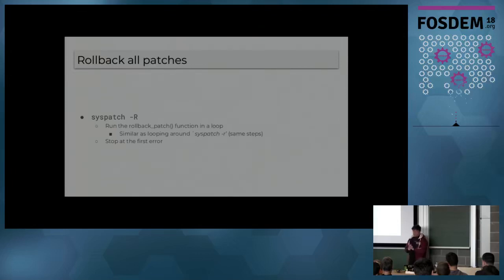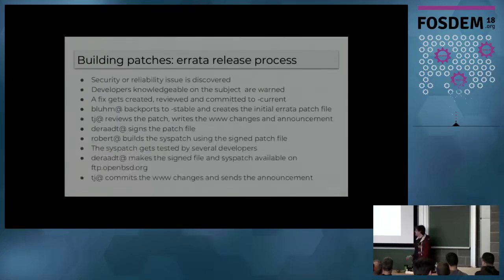And we have the capital -R, which is basically remove all the patches. We had a few use cases in the past for that, so it was implemented. And of course, as with anything in syspatch, it stops at the first error. So that's how to basically handle the patches.